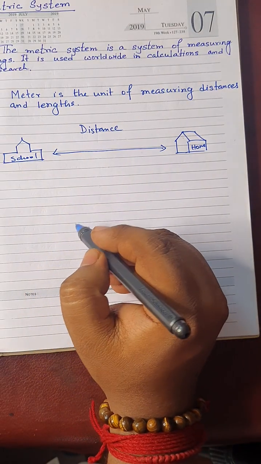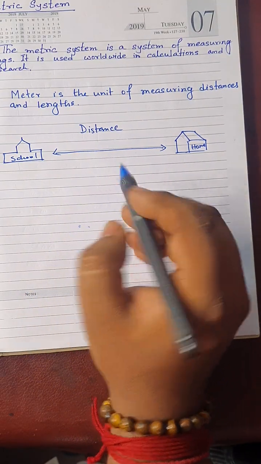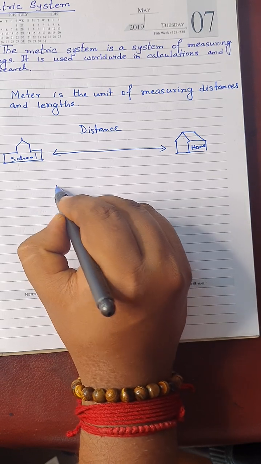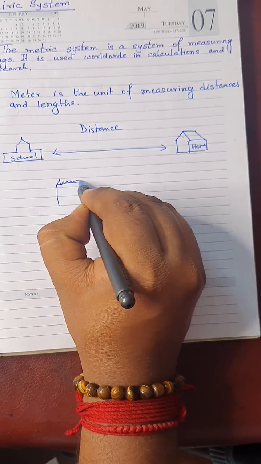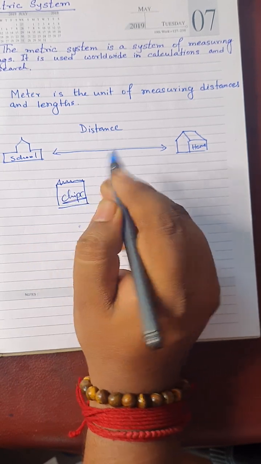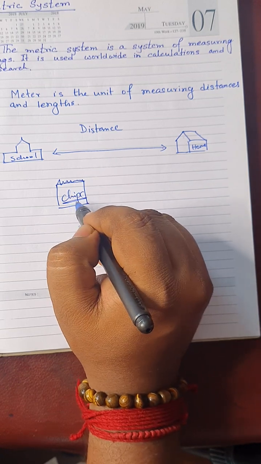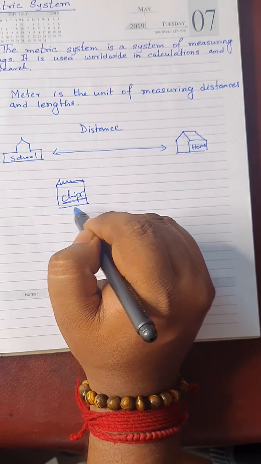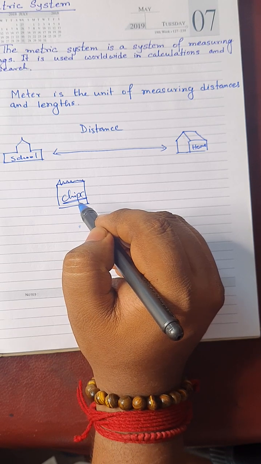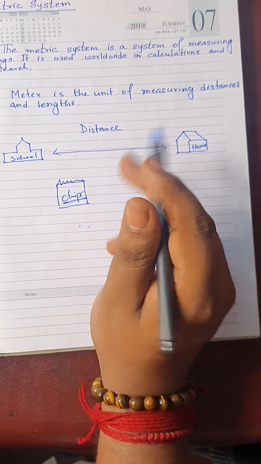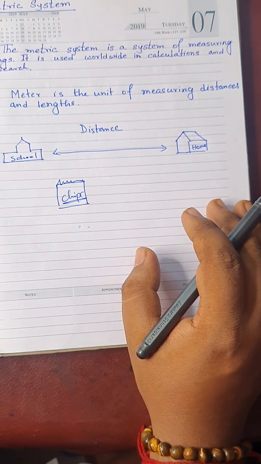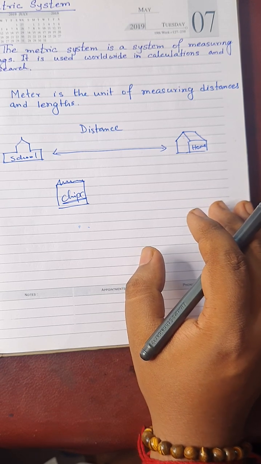You may have noticed that there is a weight mentioned on a bag of your favorite snacks. Suppose you are buying some potato chips, and if you look behind the packet, you can see the weight mentioned, say 250 grams.